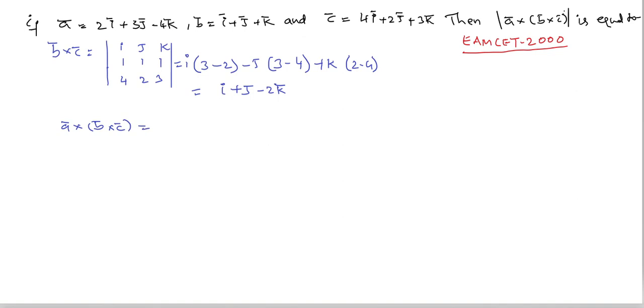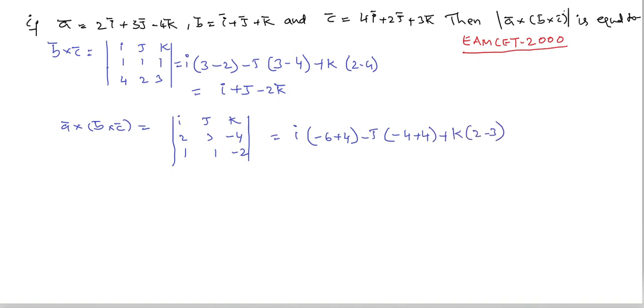Now we find a bar cross b bar cross c bar, equal to determinant i j k, a bar is 2 3 minus 4, and 1 1 minus 2. That is equal to i into minus 6 plus 4, minus j into minus 4 plus 4, plus k into 2 minus 3, equal to minus 2i minus k.